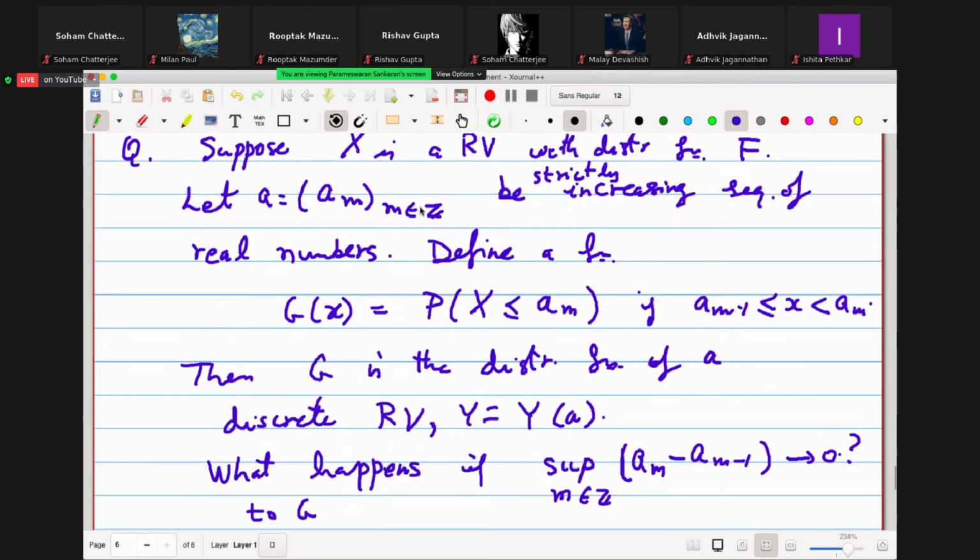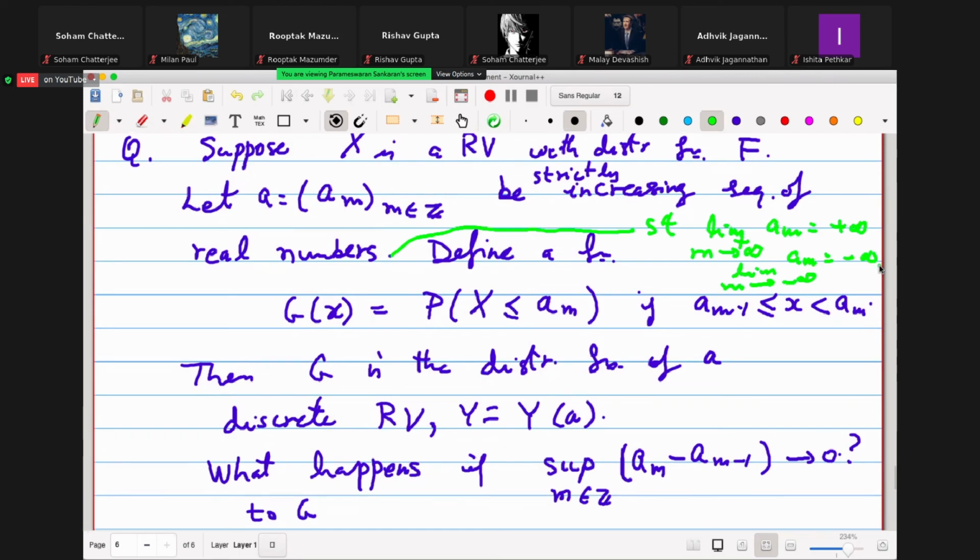So let me squeeze in a strictly increasing sequence of real numbers such that the limit as m goes to plus infinity of a_m is plus infinity, and the limit as m goes to minus infinity of a_m is minus infinity.